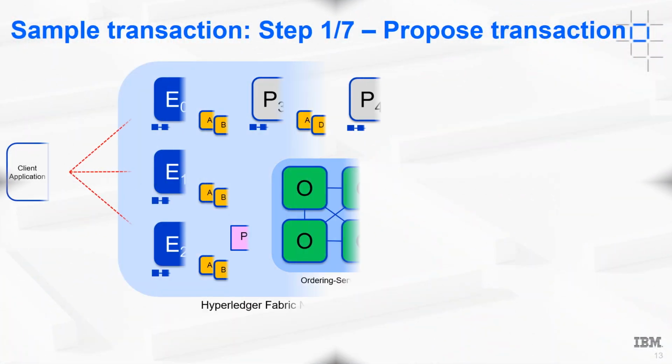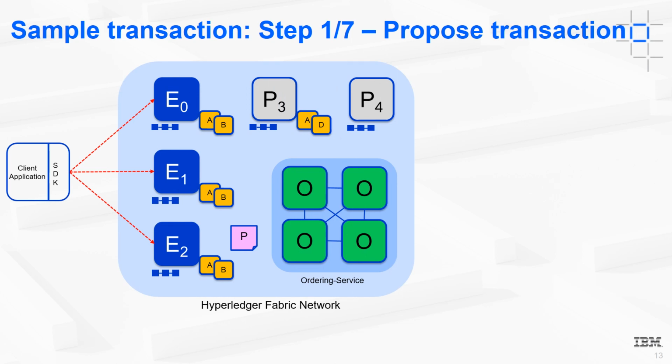So let's assume there's a client application, and there's a blockchain network which has a couple of peers, E0, E1, E2, and P3, P4. Depending upon what role they play in this network, whether they're an endorser node or a committer, this particular slide is color coded, and even the smart contracts running on these are color coded.